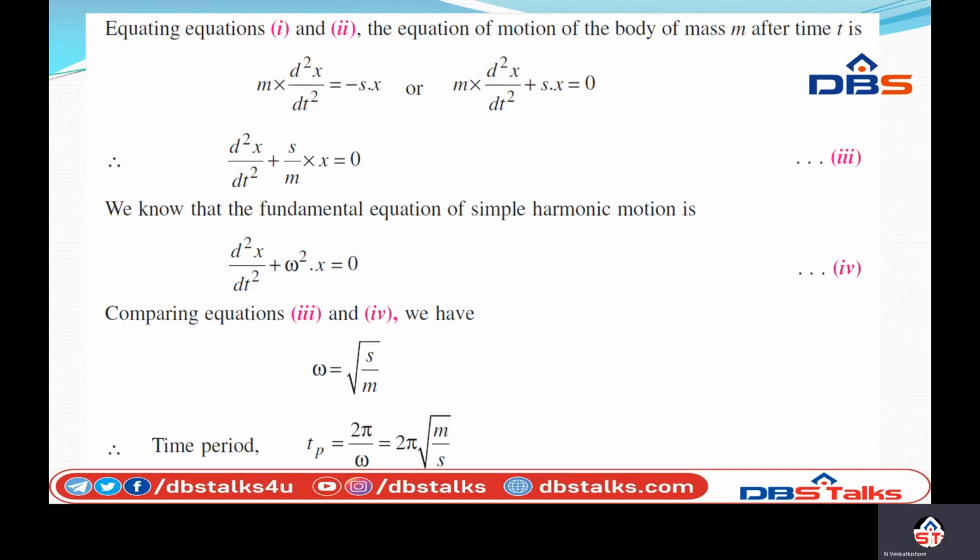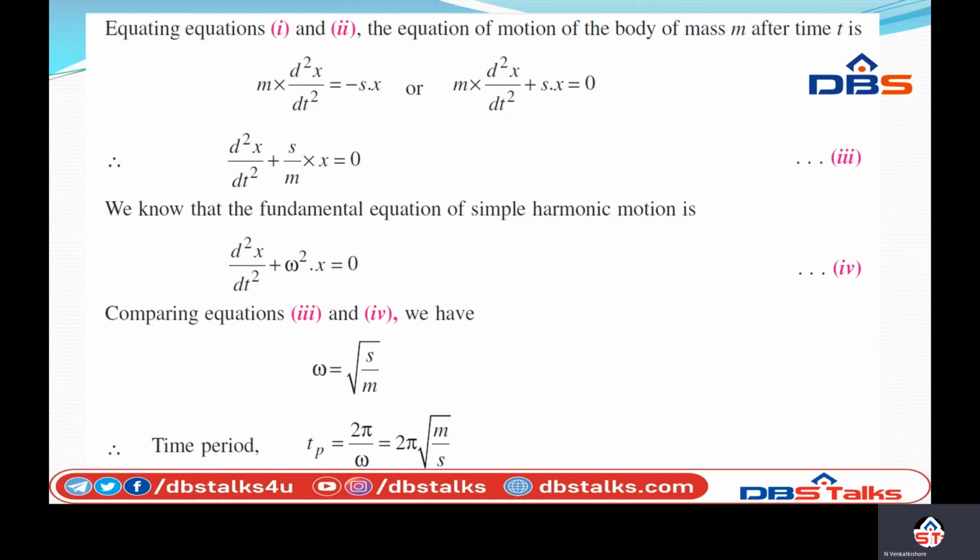Here omega is the angular velocity, and the time period Tp is 2 pi by omega, which equals 2 pi into root of m by s.